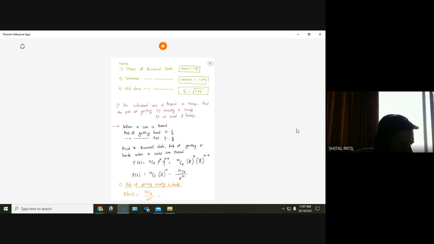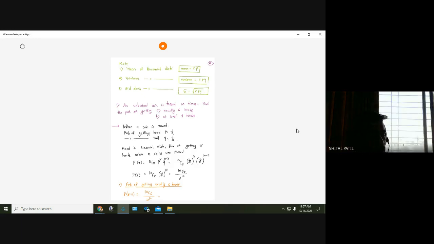See what the answer is. Check it. Yes, who is getting this answer? You can use the calculator for this. In fact, you have to use the calculator for this. Yes, what is the answer?